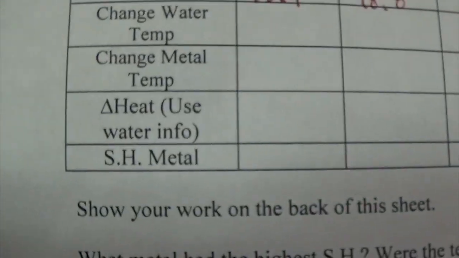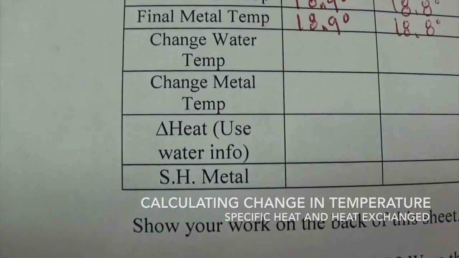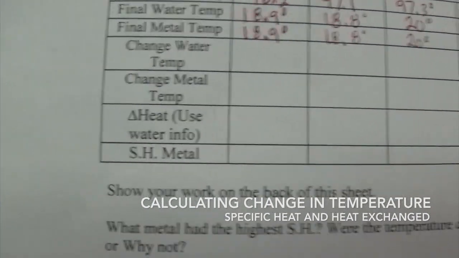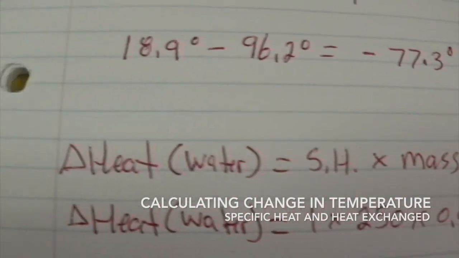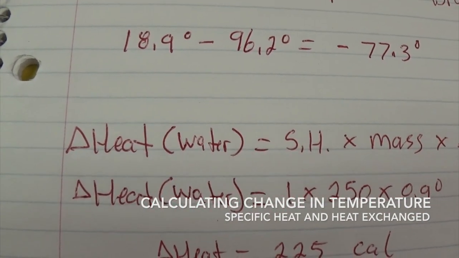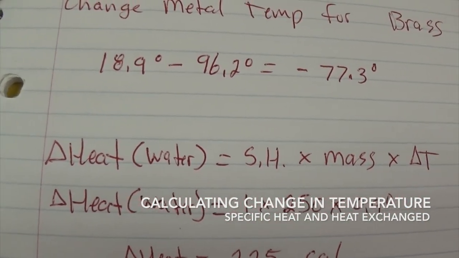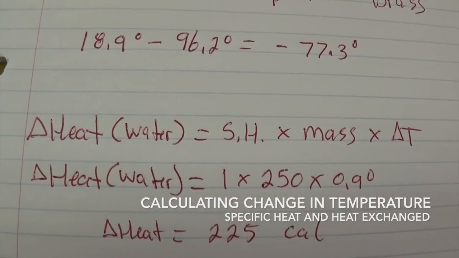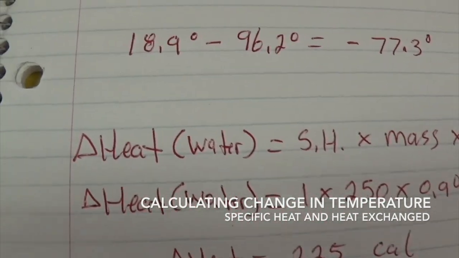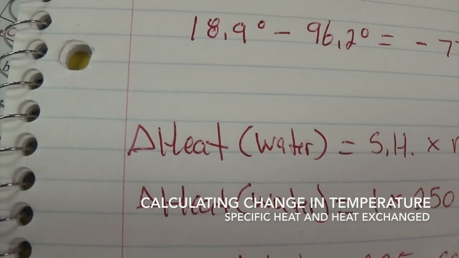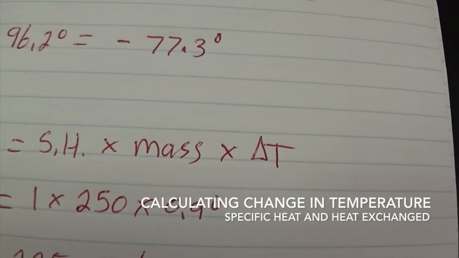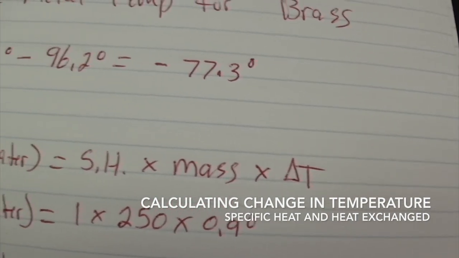To calculate the heat loss or gain, which should be the same, and the specific heat of the metals, you're going to do the following. To calculate the change in heat, we're going to use the information for the water. So we're going to measure directly how much energy was absorbed by the water, not how much energy was lost by the metal, even though these numbers should, in theory, work out to be the same. To do this, you follow your latent heat equations. Change in heat is equal to the specific heat multiplied by the mass in grams, multiplied by the change in temperature in degrees Celsius.